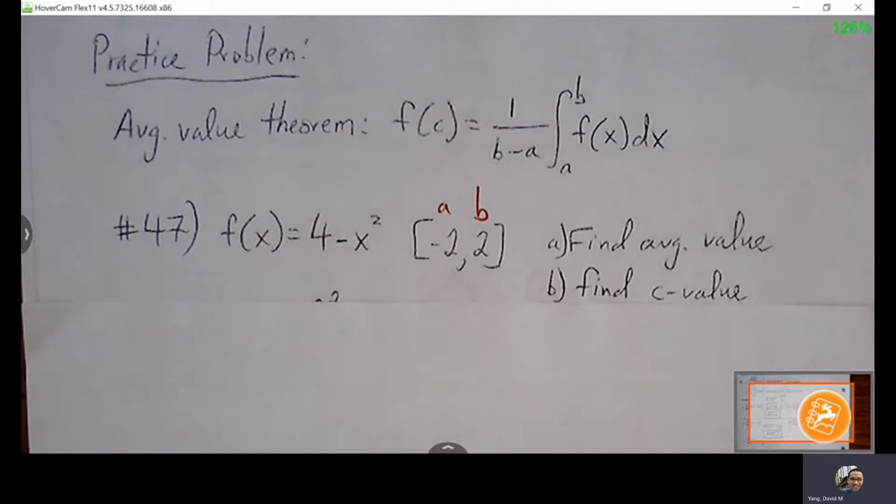Okay, go ahead and set that up. Find the average value first, and then to find the p-value, take that average value and set it equal to the function. Let's see how you guys do with your setup.